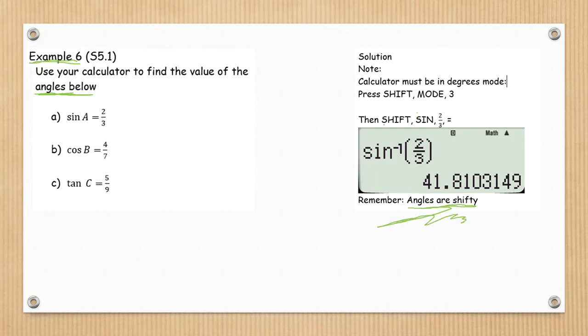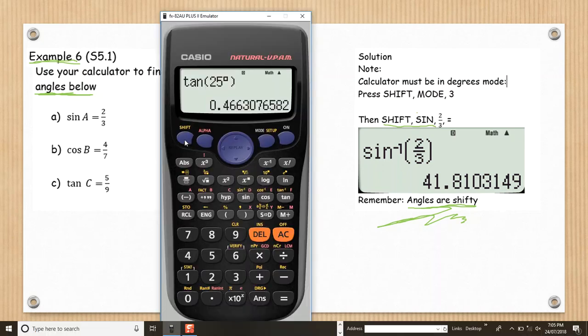So we press shift and then sine and then 2/3. Press shift, then sine, fraction 3. Press there, equals, and we get 41 degrees.